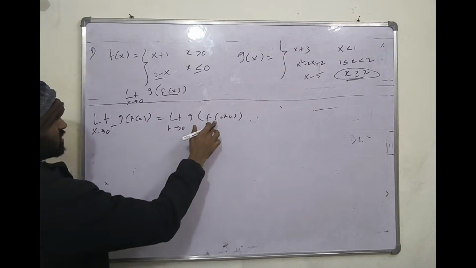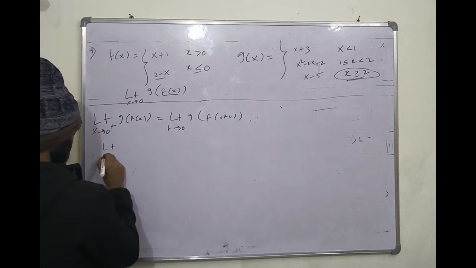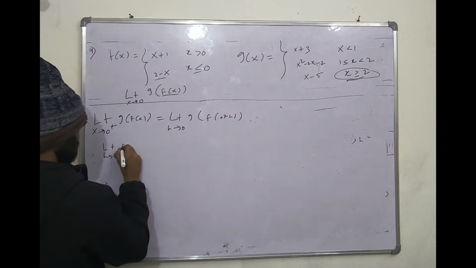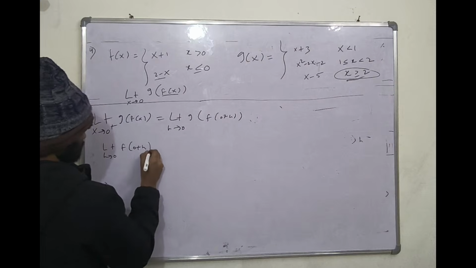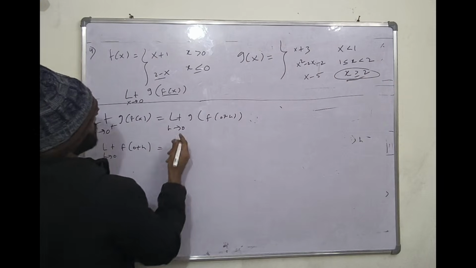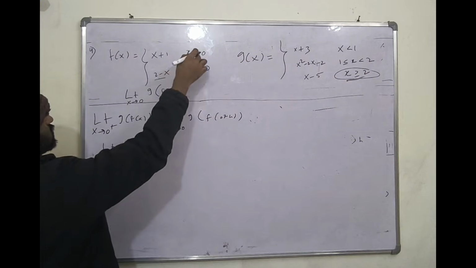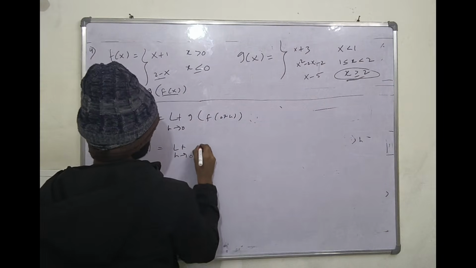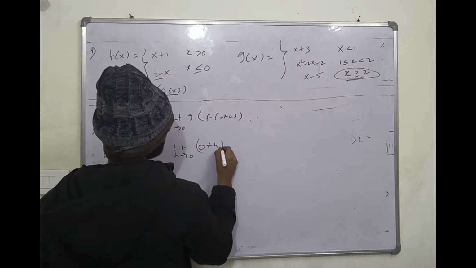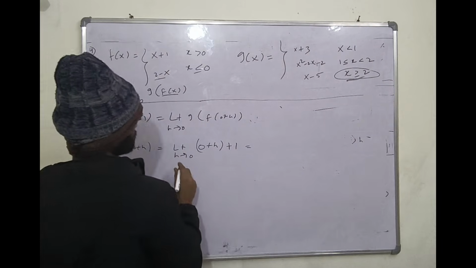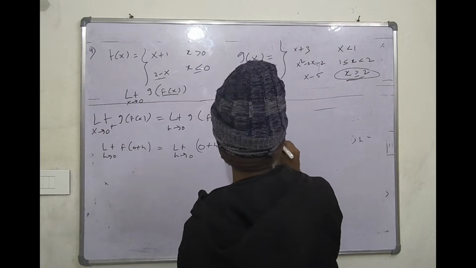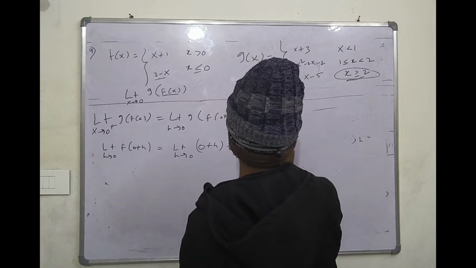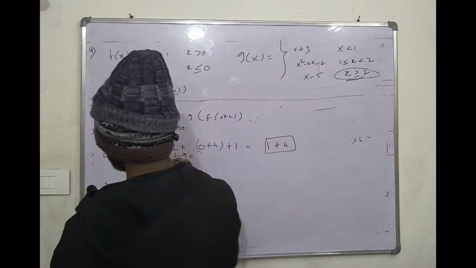I said to find the inner limit first. So the inner limit, h tends to 0, f of 0 plus h, where h is positive, is limit h tends to 0, 0 plus h plus 1. Again, don't substitute h directly here, so keep it 1 plus h.